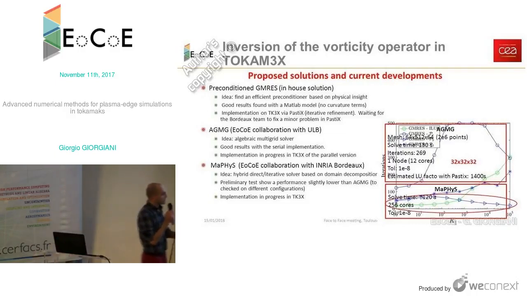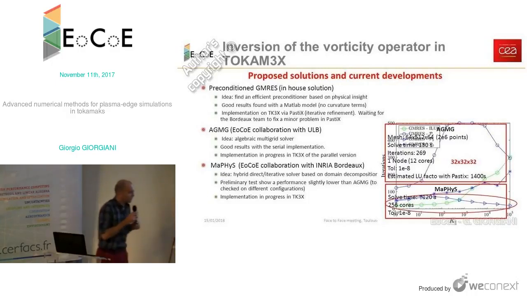For example, for the same matrices, we have a solve time of 120 seconds, but using 256 cores. So this is the state of the art for this part of the research on this topic.